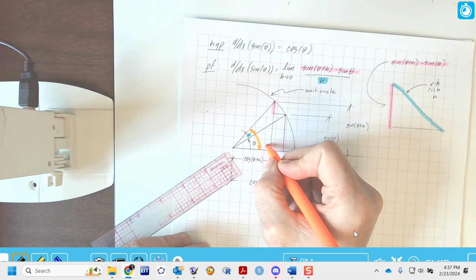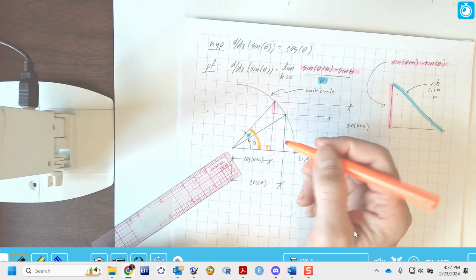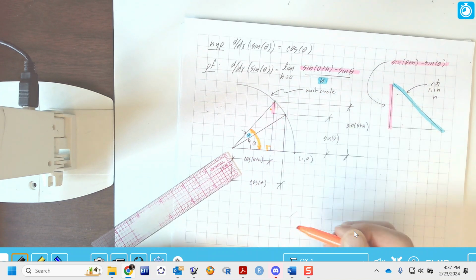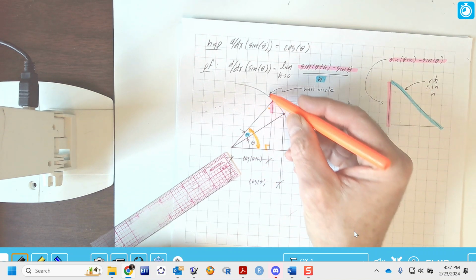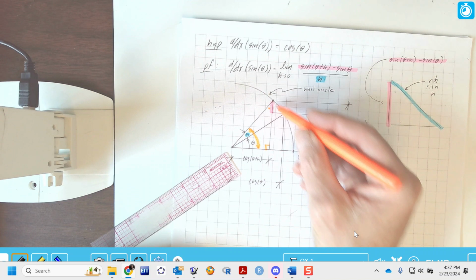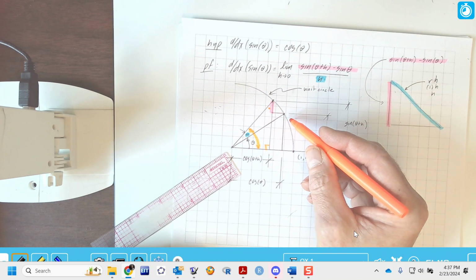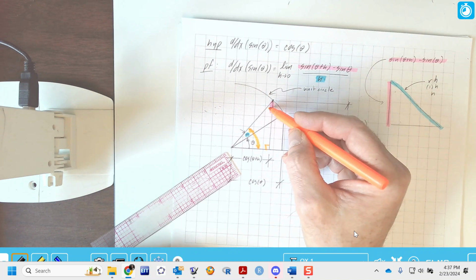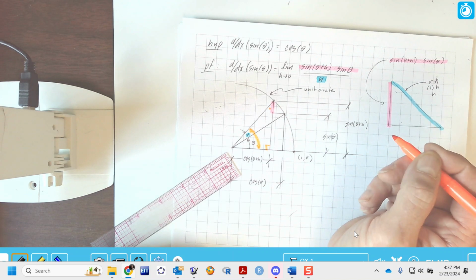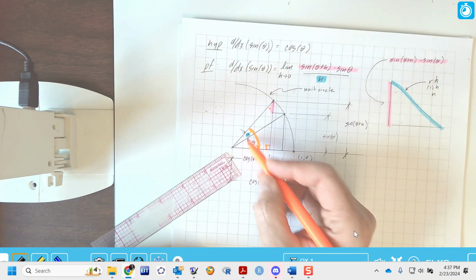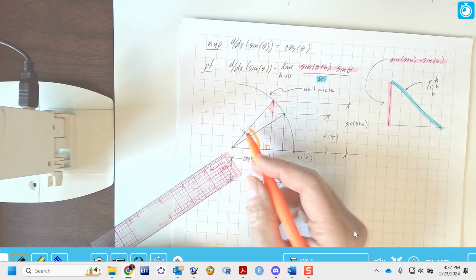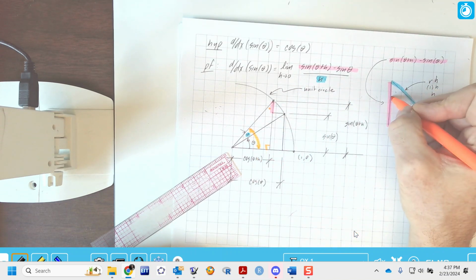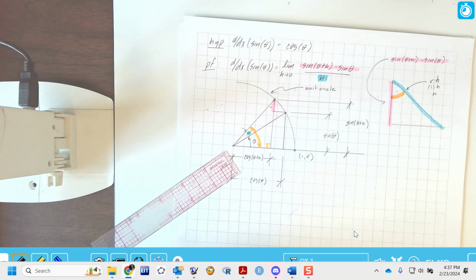And this is a right angle here. So that angle right there is going to be 90 minus theta plus h. But as this point gets close to that point, that line becomes a tangent line to the circle. And so this angle plus that one is equal to 90 as well. Since this one is the complement to that one, that angle right there has to be the same as theta plus h.